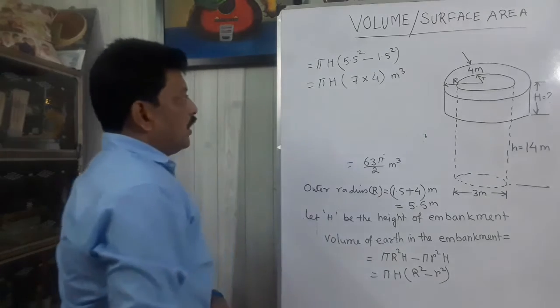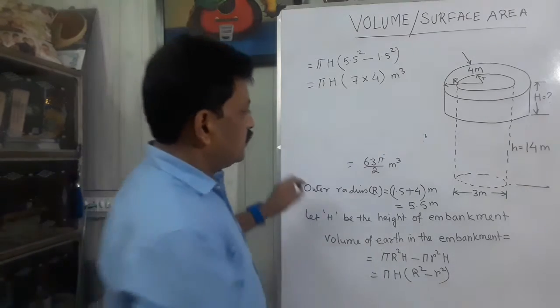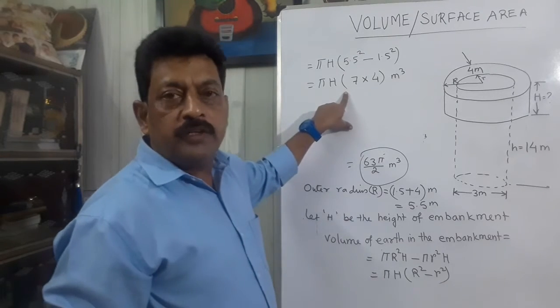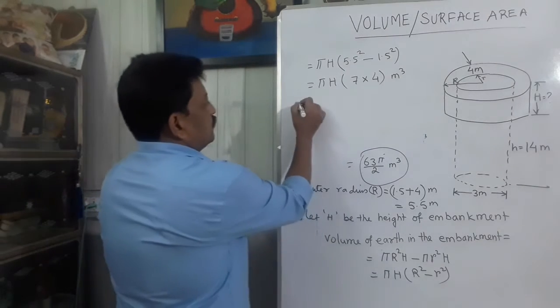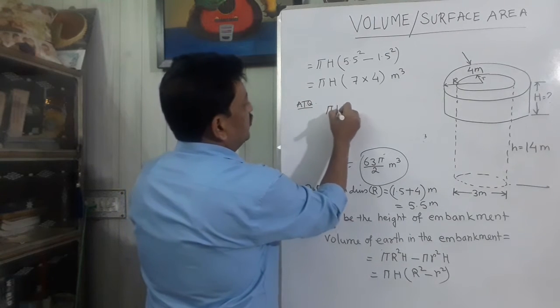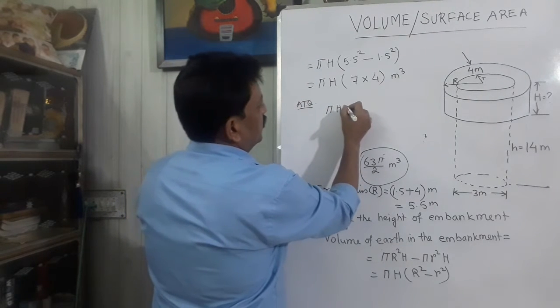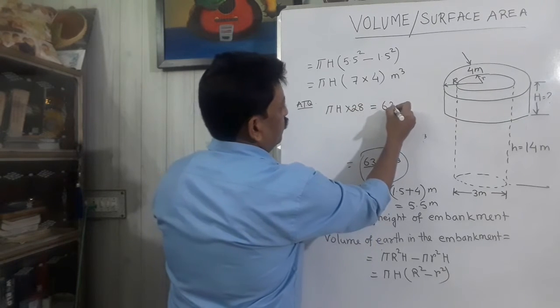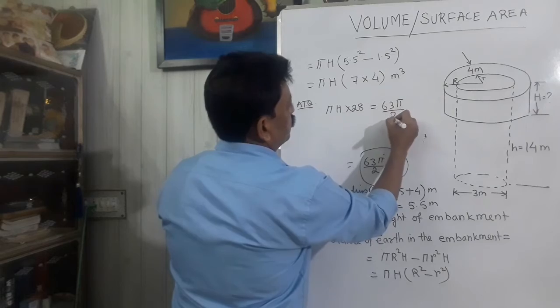Now both these volumes are equal, that is, volume of the earth taken out from the well equals volume of earth in the embankment. So according to the question, pi H multiplied with 28 equals 63 pi upon 2.